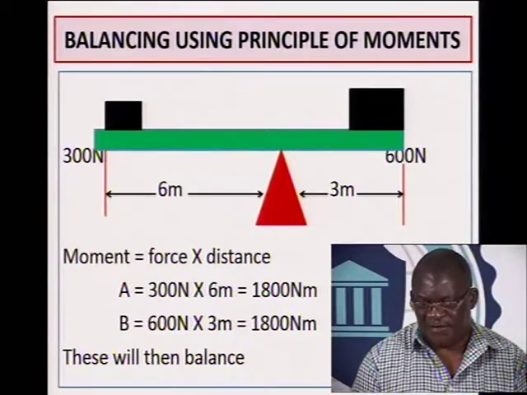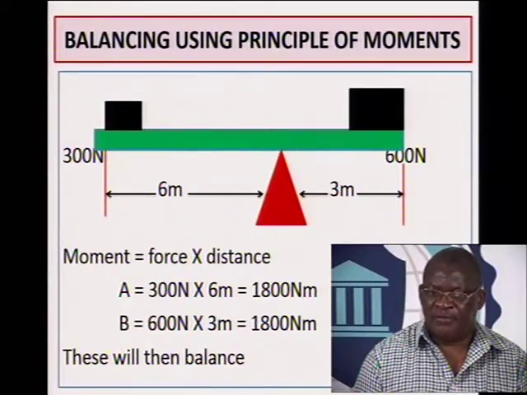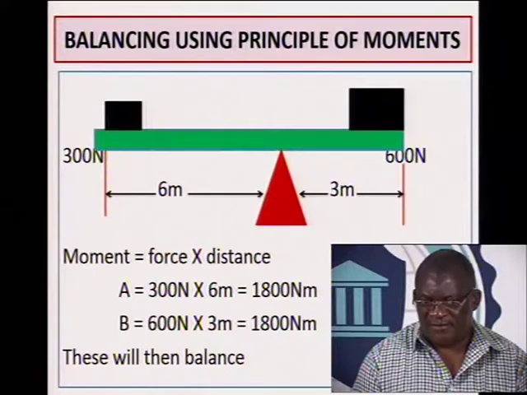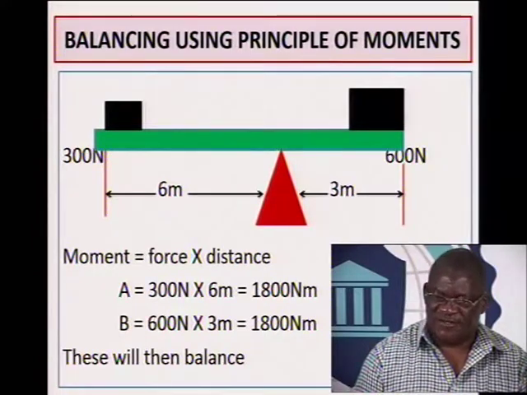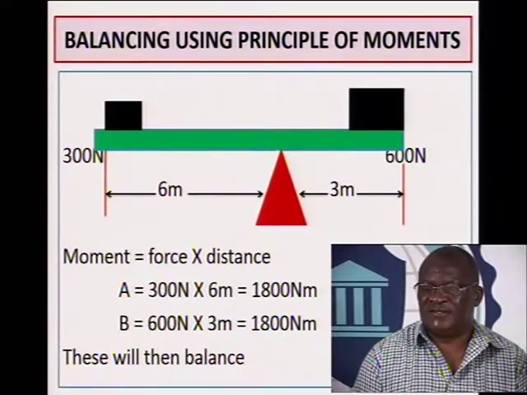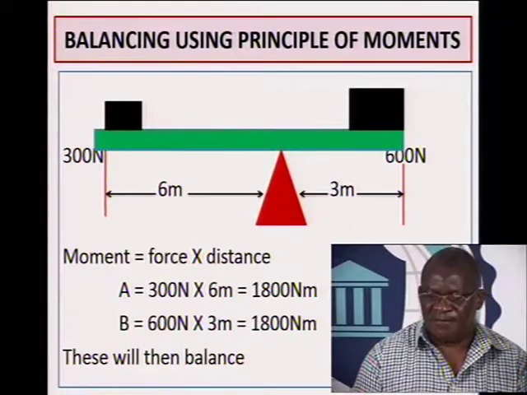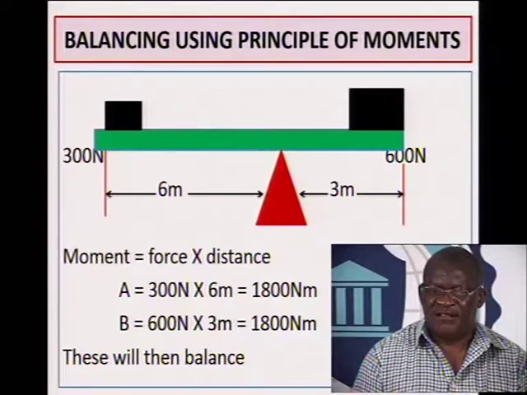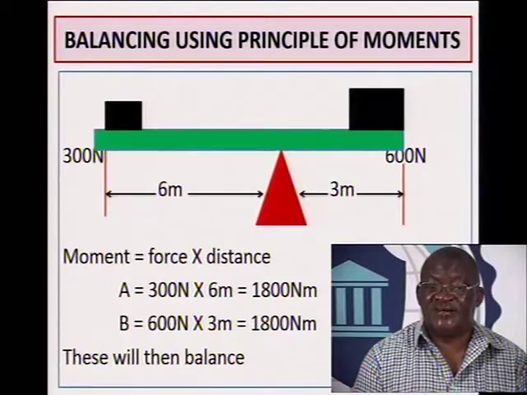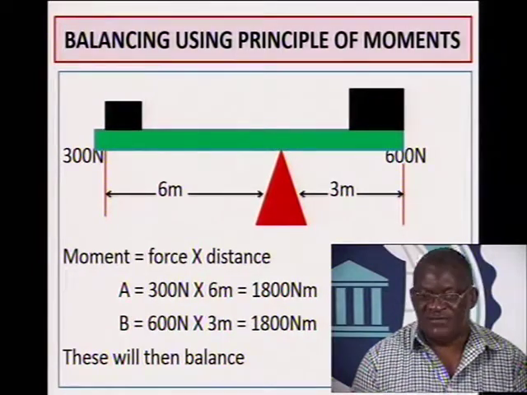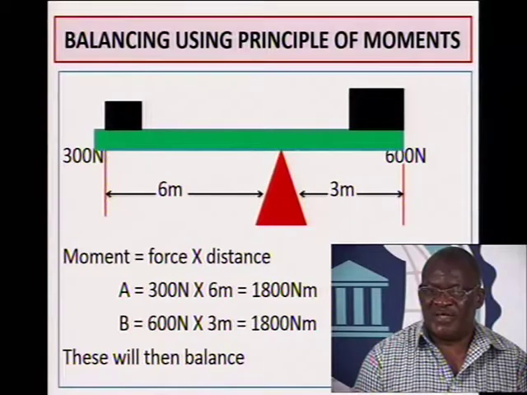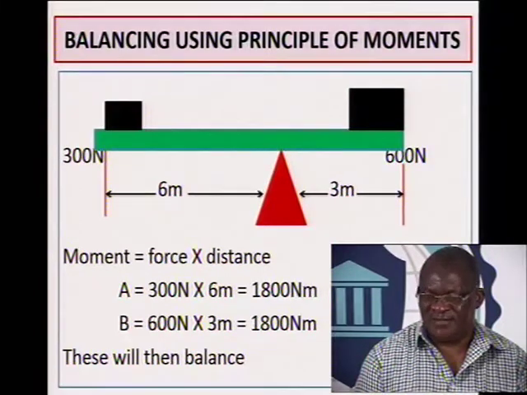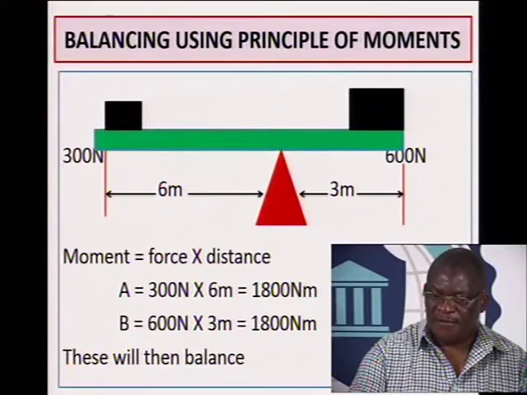So if you are given, for example, 300, 600, 3 meters, if you want to get 6 meters, you simply multiply 3 by 600, you get 1,800. Then you divide 1,800 by 300, and then you get 6 meters. So you can work out any number if you are given the other three.